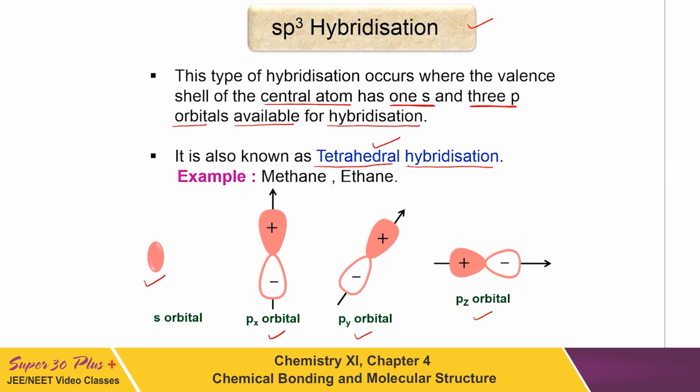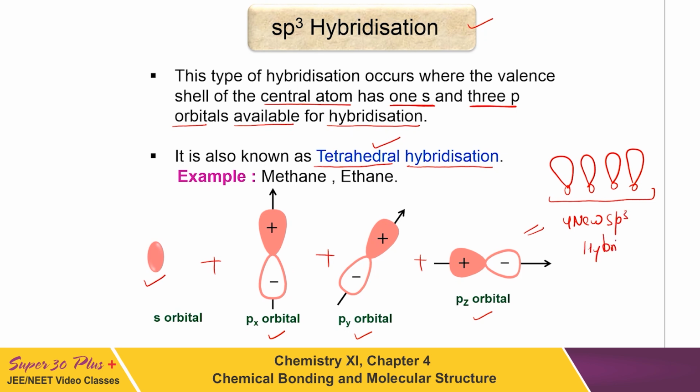So when all of them, px, py and pz, combine with the s orbital, they form 4 new sp3 hybrid orbitals.